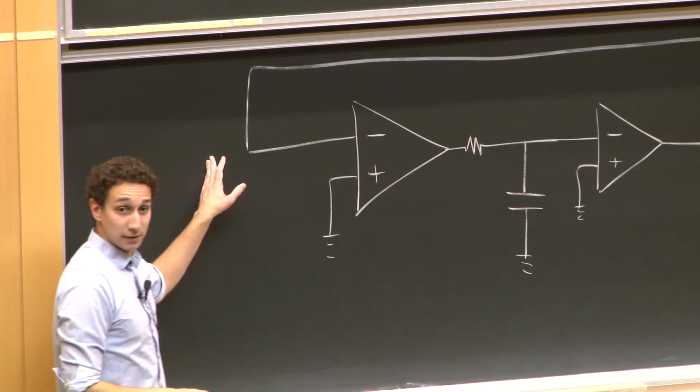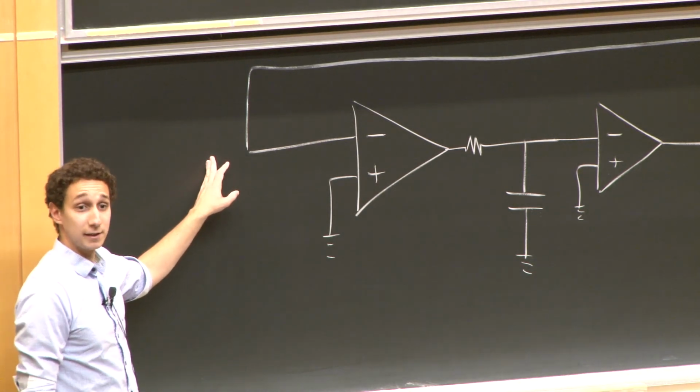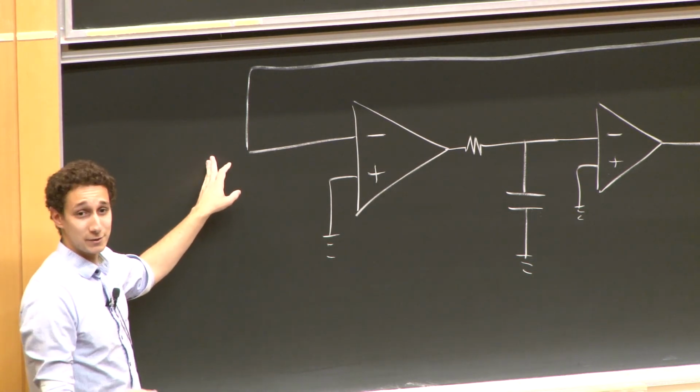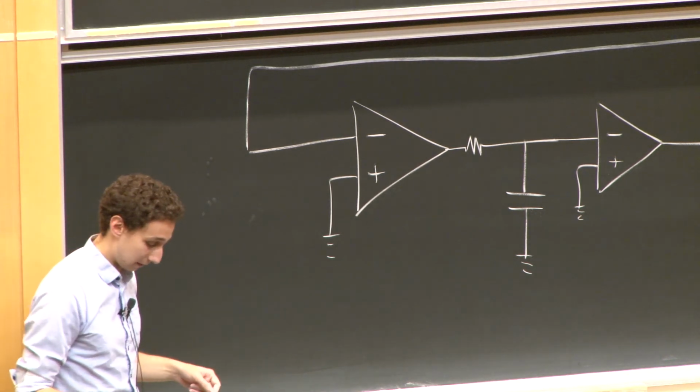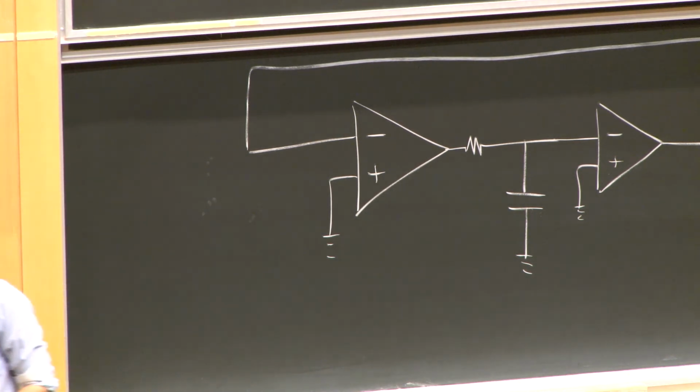If we do this, we get a stable oscillation. Okay, it turns out that you need an odd number of comparators in this case to get a stable oscillation. Okay? Any questions at all?